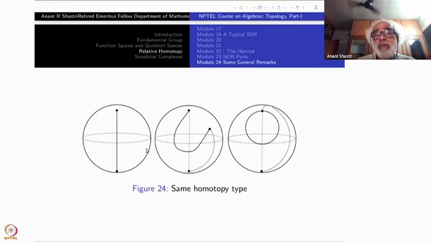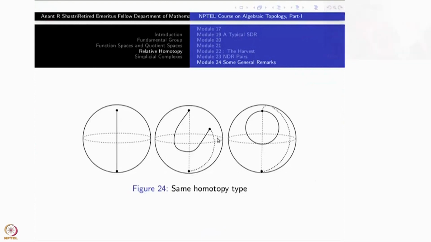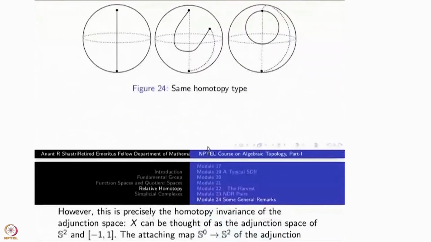So you can have a homeomorphism mapping any point of the sphere to any other point, keeping this point fixed. Such homeomorphisms of the sphere exist.